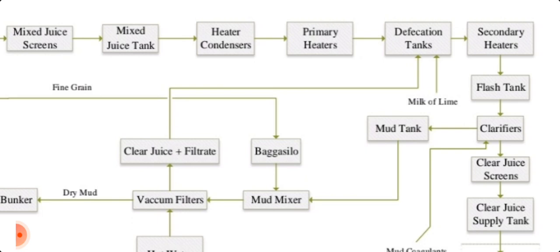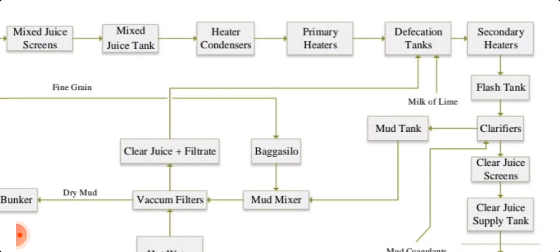So this is the first part that I have completed. I will complete this topic in 3 or 4 parts. The sugar industry has many processing units, which I will discuss later. The first part is completed at the clear juice tank.